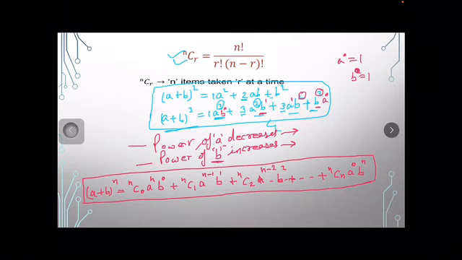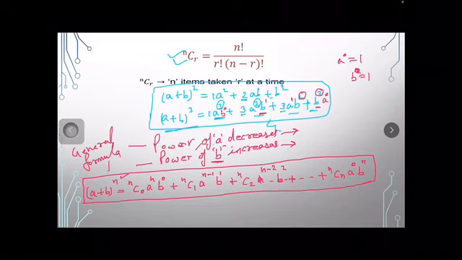By this binomial expansion, we can write the expansion of any power using this formula.